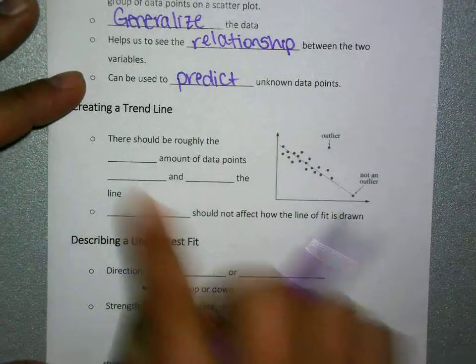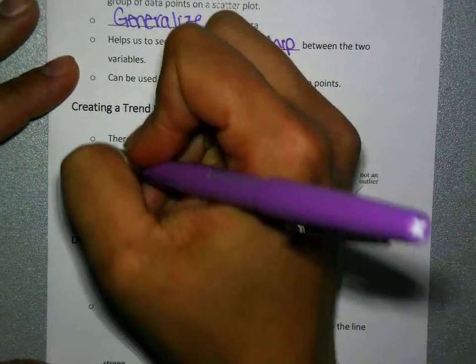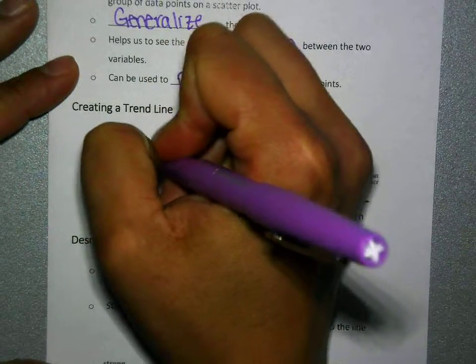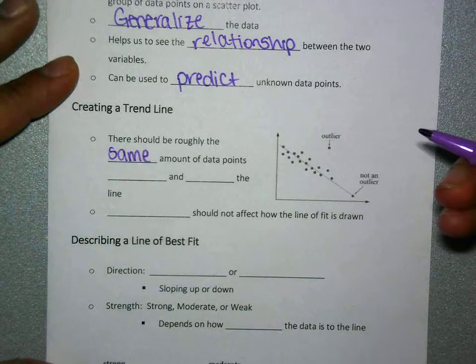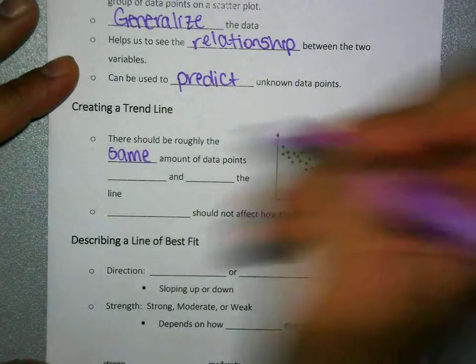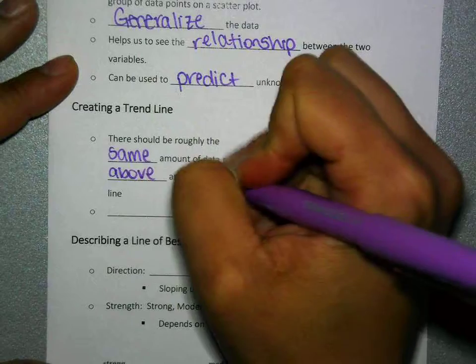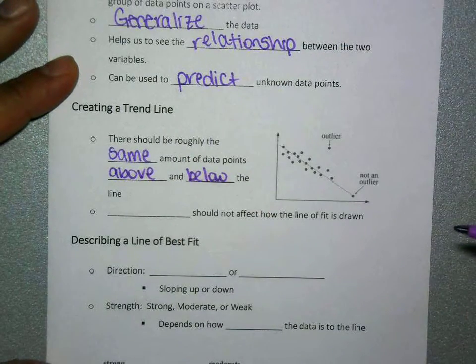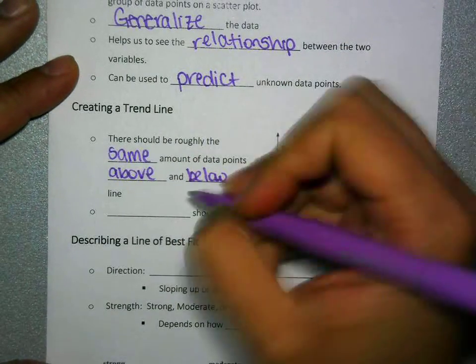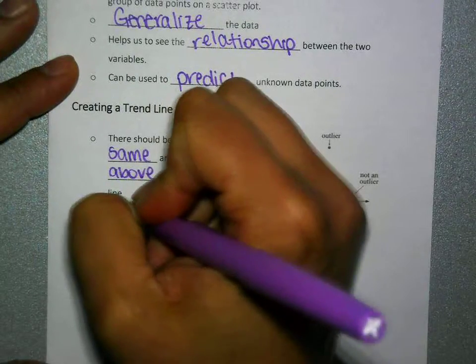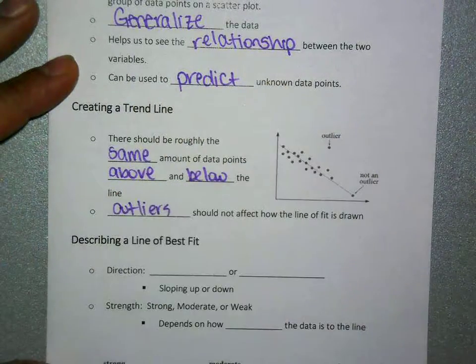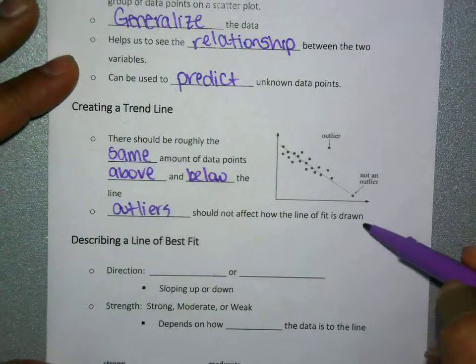So creating a trend line, there should be roughly the same amount of data points above and below the line. Outliers should not affect how the line of fit is drawn.